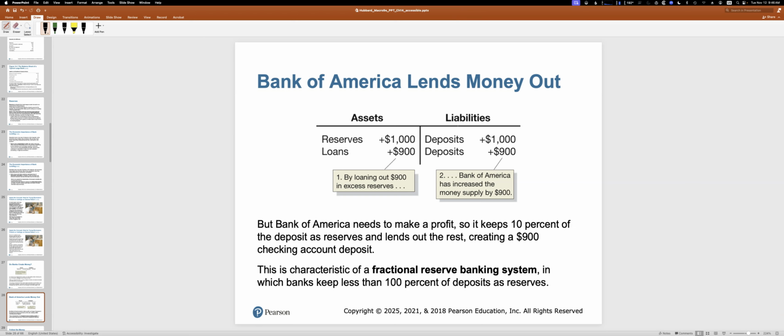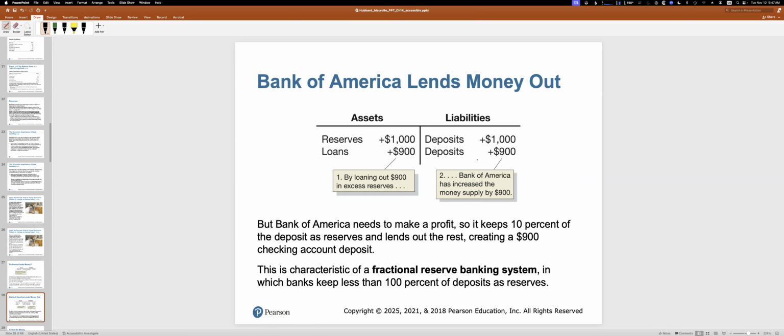But if the bank lends out money, it could lend out $900, right? And as it lends out $900, it issues a loan check to somebody, and with that loan check, it gets deposited, which now creates another deposit.